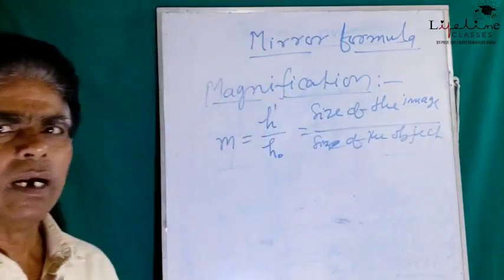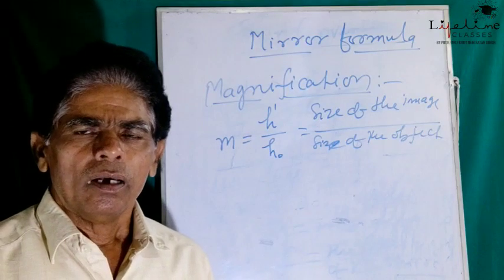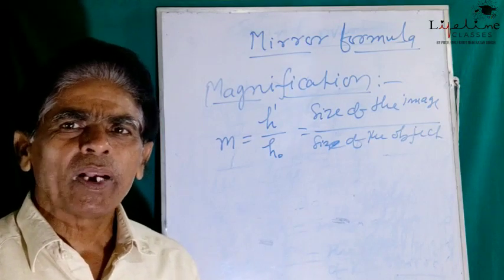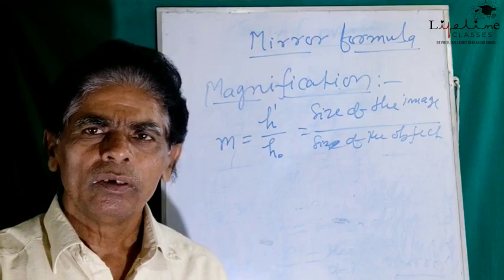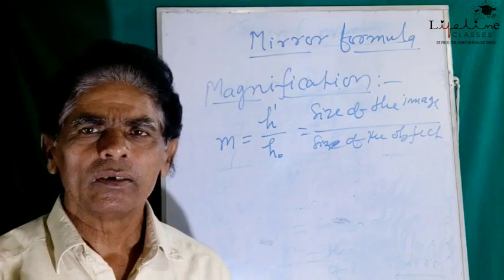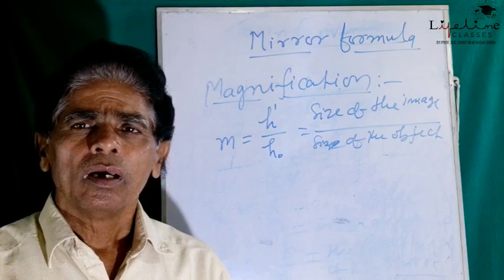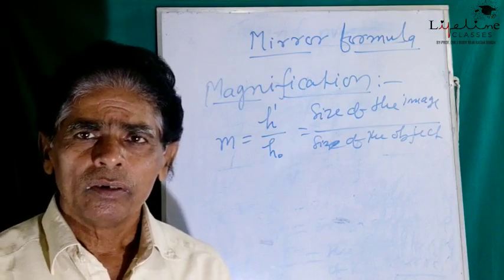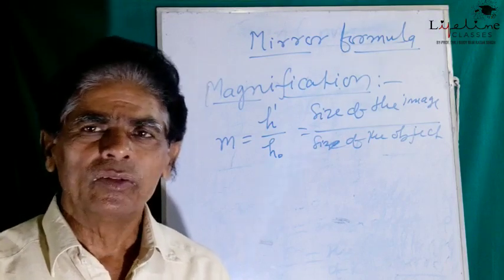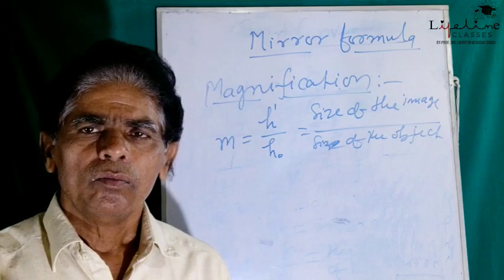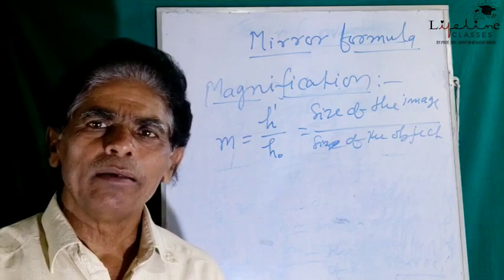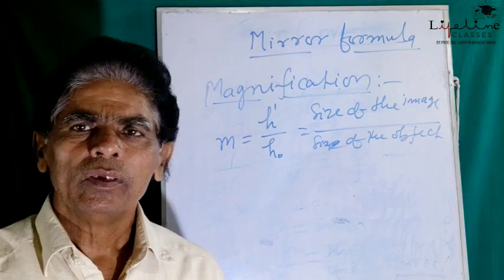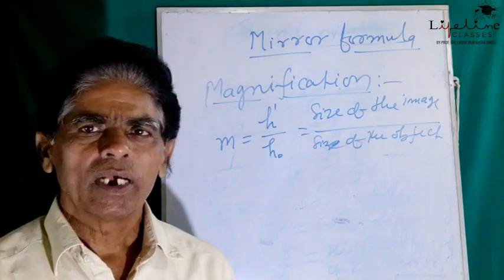The size here refers to the length of the image and length of the object. So size is expressed as a length, means how much long is the image as compared to the object.